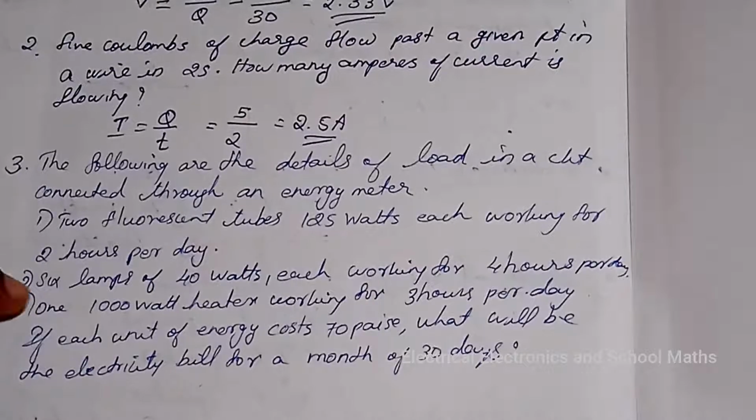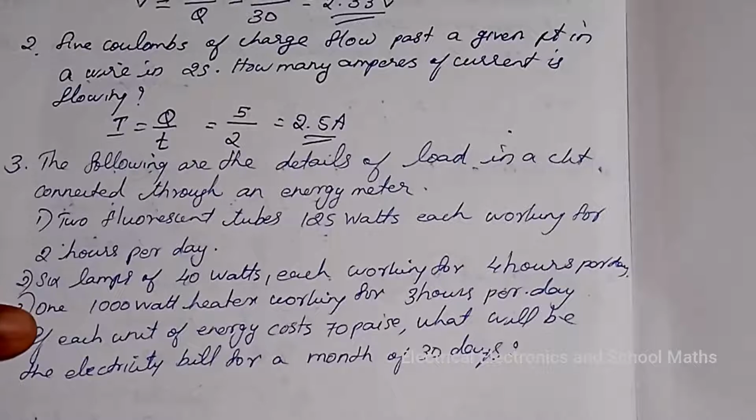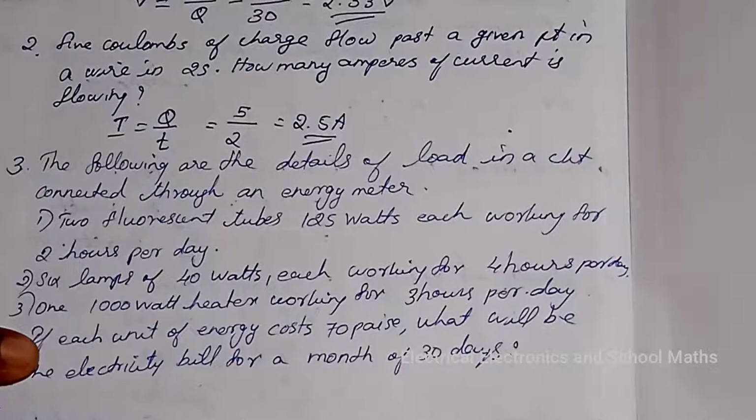Second one, 6 lamps of 40 watts each, working for 4 hours per day. Third one, 1000 watt heater working for 3 hours per day. If each unit of energy costs 70 paise, what will be the electricity bill for a month of 30 days?